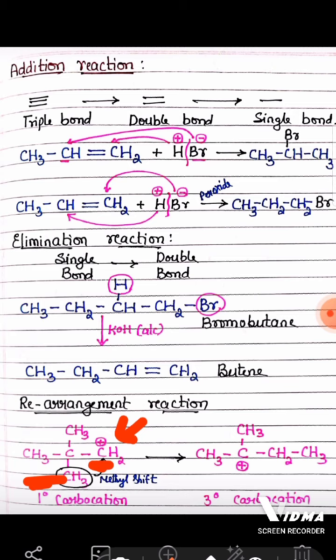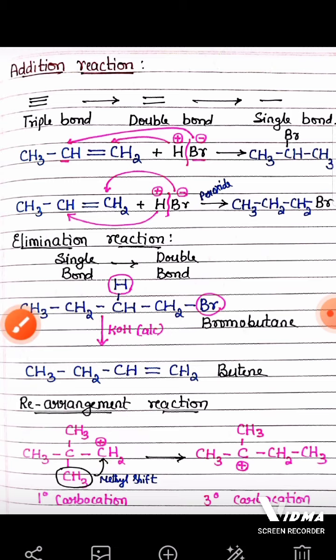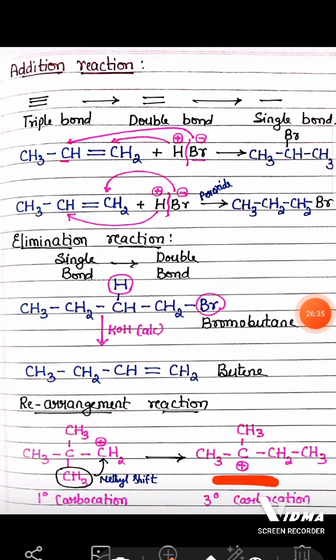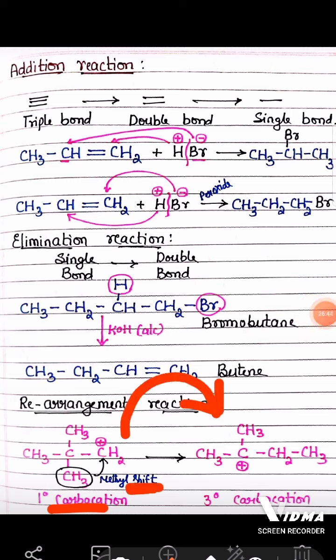Because of that shifting, we get the methyl group here, and this carbon atom gets positive charge. This carbon atom having positive charge is considered a tertiary carbocation, which is more stable. Tertiary carbocation is more stable than primary carbocation. Because of that, in the primary carbocation there is a methyl shift and it becomes a tertiary carbocation.